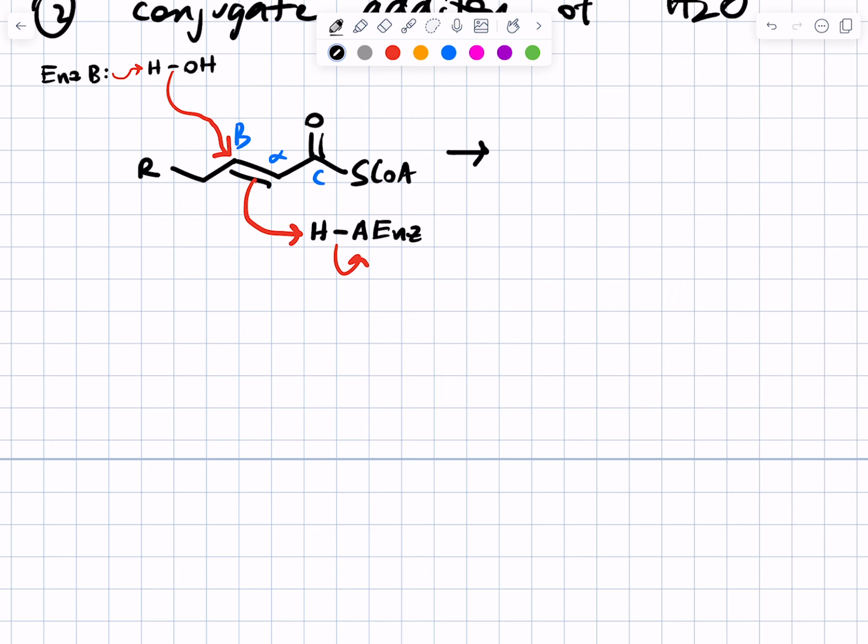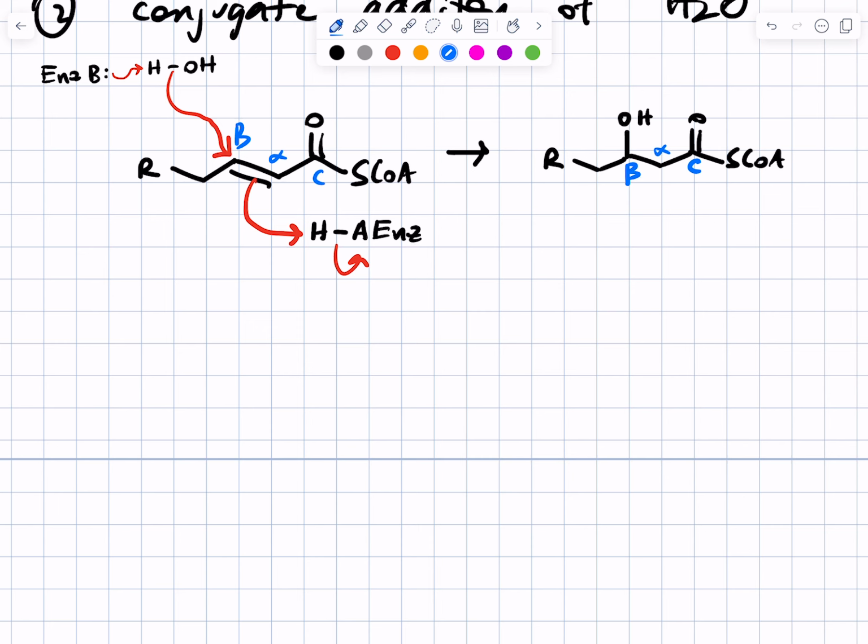You can dig into the data and see what the mechanistic data support, but in a case like this where we know it's conjugate addition, you can skip drawing the enolate intermediate and just show it getting protonated as it forms. So the product of this reaction would be an OH group on the beta carbon, and then our coenzyme A thiol.